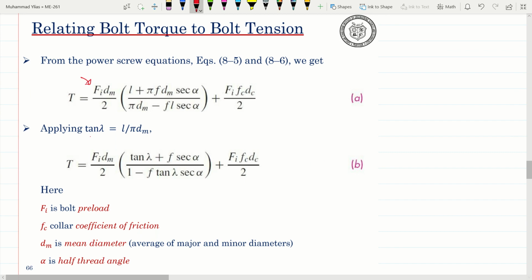And then once again we've replaced tan lambda with the appropriate variables, and the remaining symbols, these have been defined on the lower side of the slide.